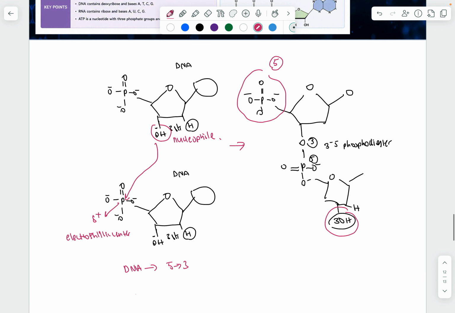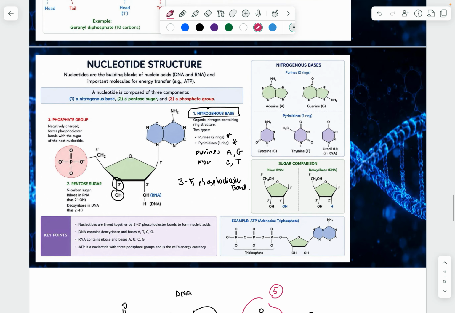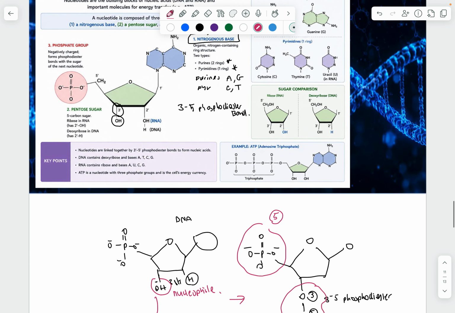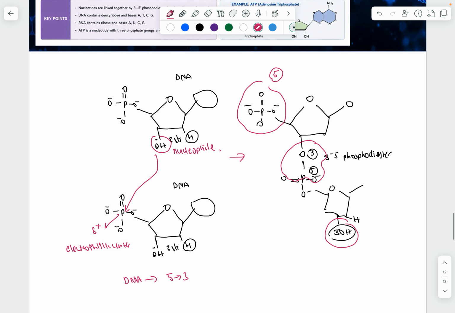But the actual phosphodiester bond runs in the 3 to 5. That's one distinguishing factor between both. That would be helpful to know for the MCAT. So just know phosphodiester bonds, and then know DNA runs in the 5 to 3.